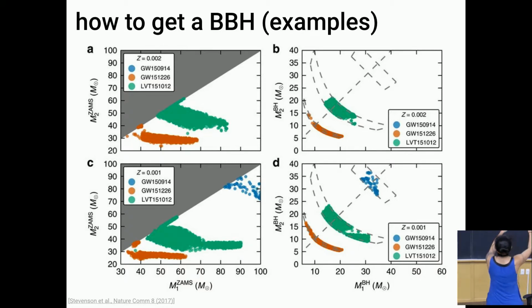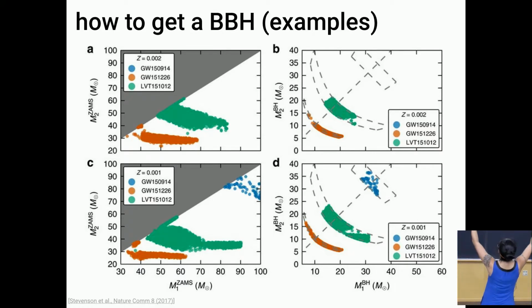What they did was they took a lot of binary systems of stars, and they said, what are the initial stellar masses that could produce the final masses that we think LIGO observed? And so the bottom row is assuming a metallicity of 0.001, which is fairly low.